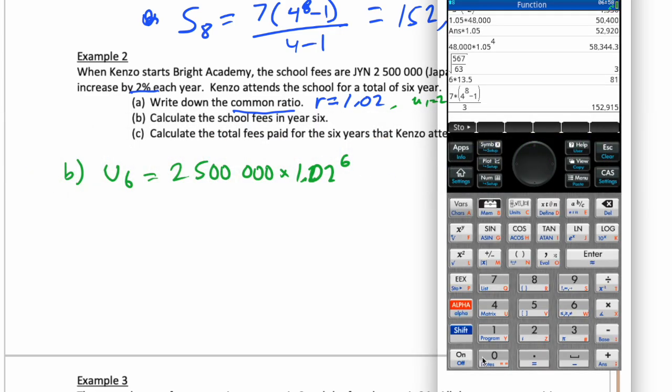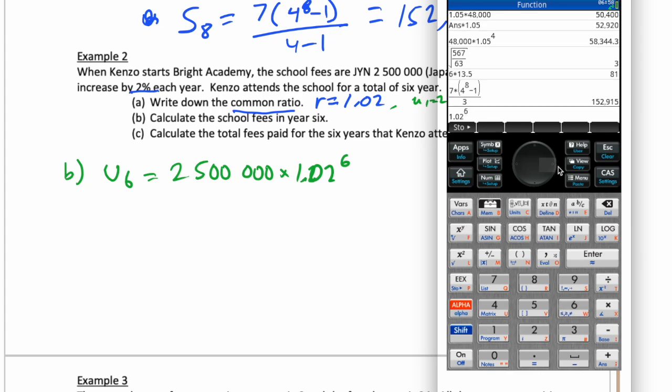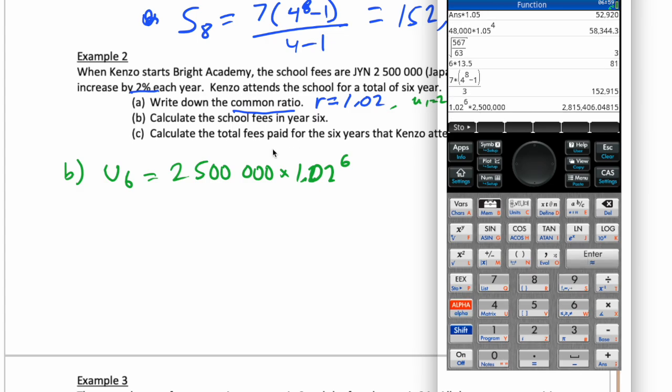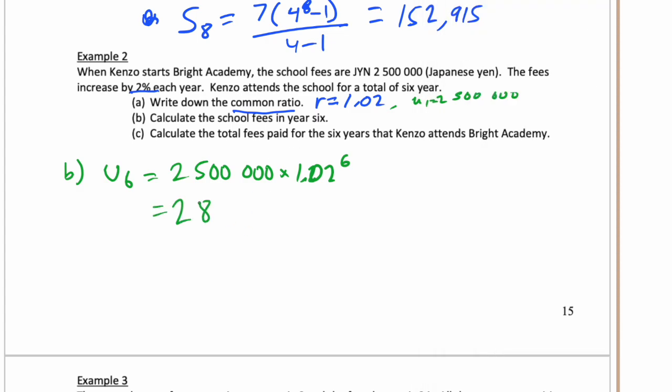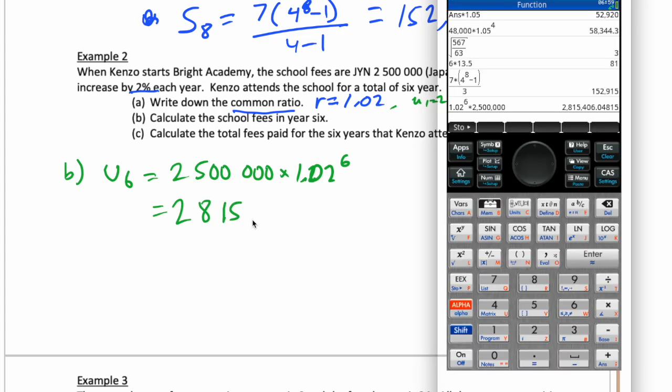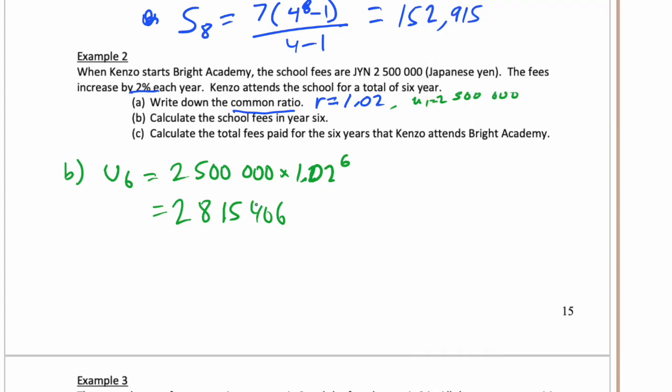So let's do that on our calculator. 1.02 to the power of 6 times 2,500,000. So it's about 2.8 million. In reality, they'll probably round this number rather than charging people that extra 5 cents. So maybe I'll just round it there.